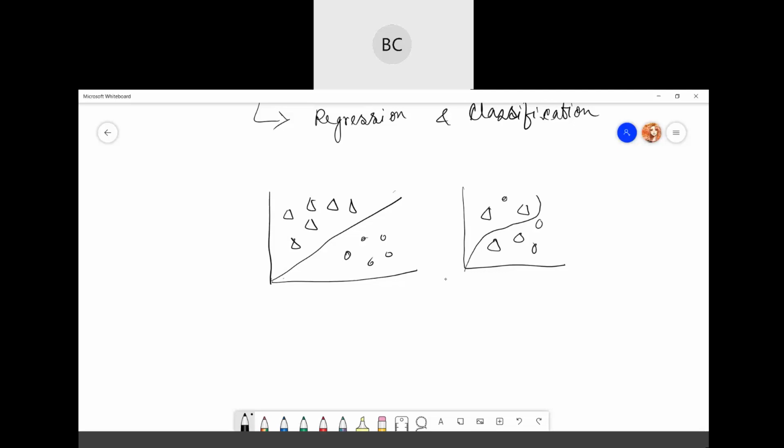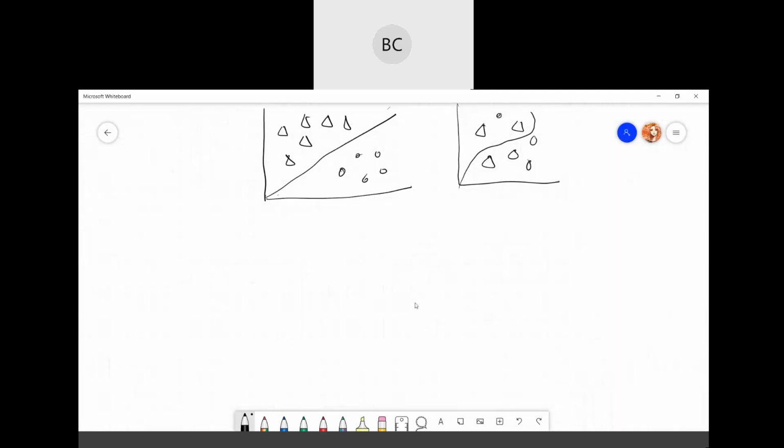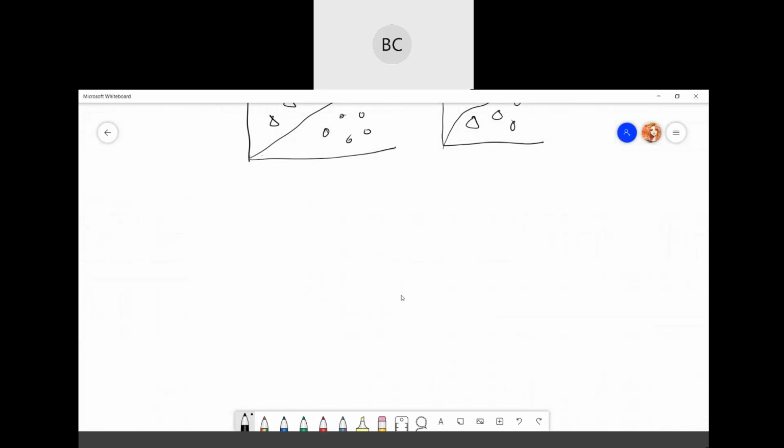For example, this is one class and these are another class. So it tries to find a hyperplane. This is your hyperplane.